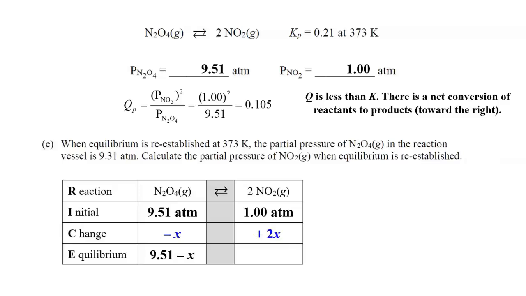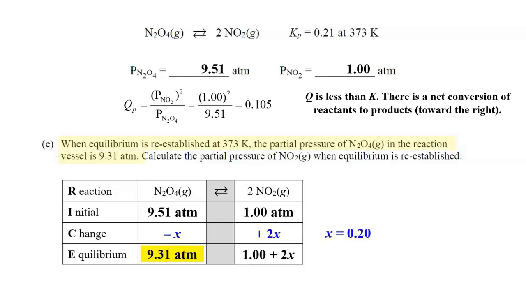And they're telling us that the partial pressure of N2O4 is 9.31. So 9.51 minus X, 1 plus 2X. Let's put some actual numbers in that final row of the RICE table. So 9.31 will be the pressure of N2O4, and that goes in the bottom of the RICE table right here. The difference between 9.51 and 9.31, that's a difference of 0.20.